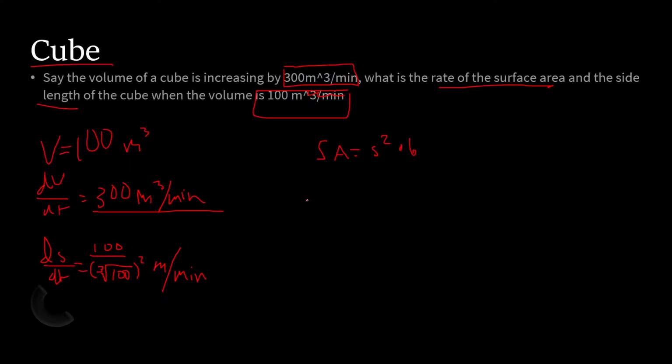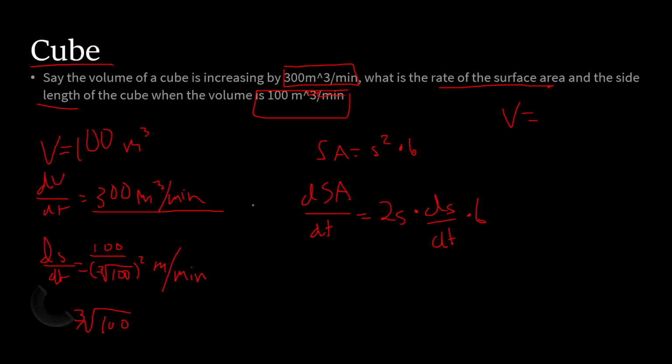So we need to find the derivative of this. So dSA over dt is equal to 2s times ds by dt times 6. We know the s value, right?